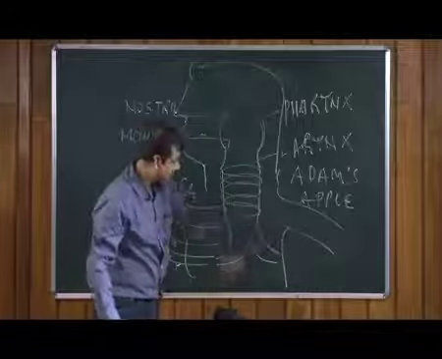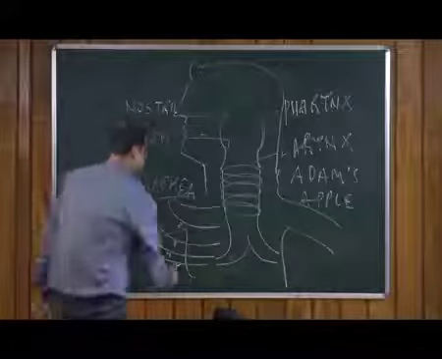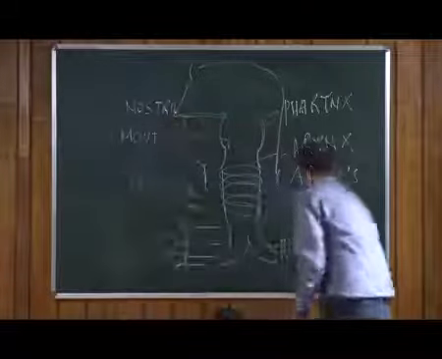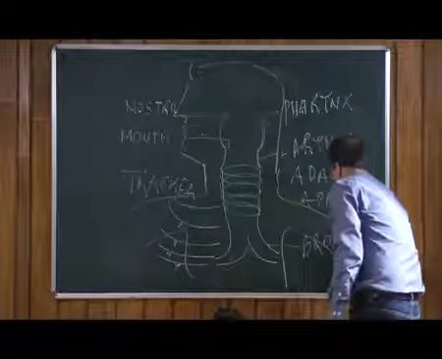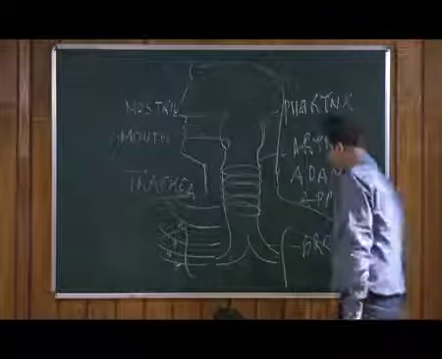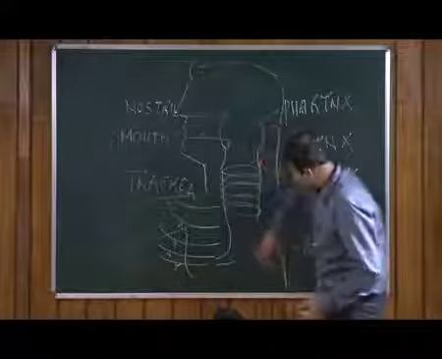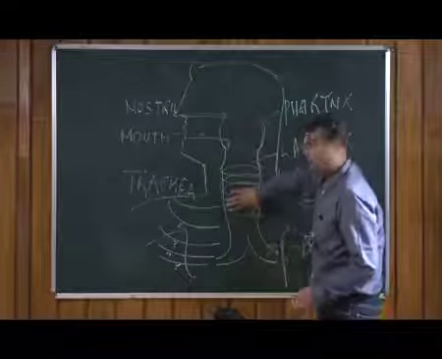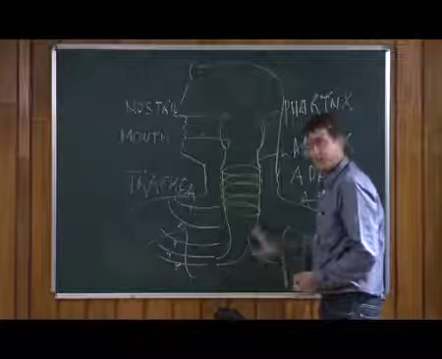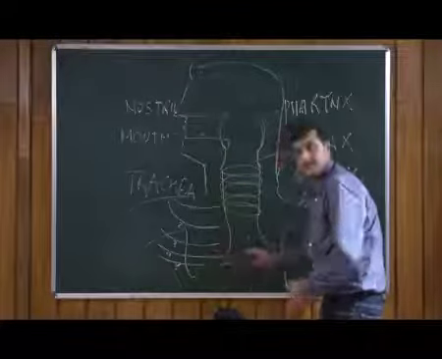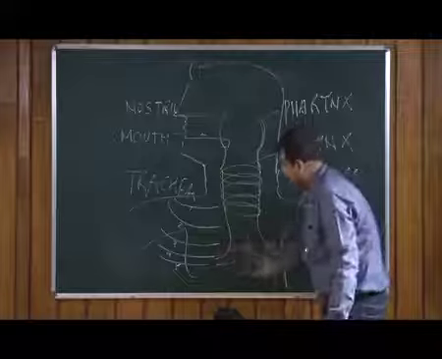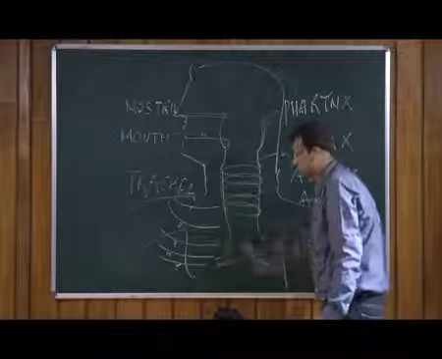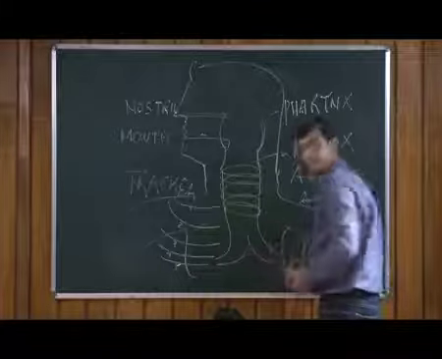This bifurcation is called the bronchi. These bronchi are the terminal part of the trachea. There is a cartilaginous ring, and at the level of the fifth rib there is a bifurcation, leading into two distinct bronchi.